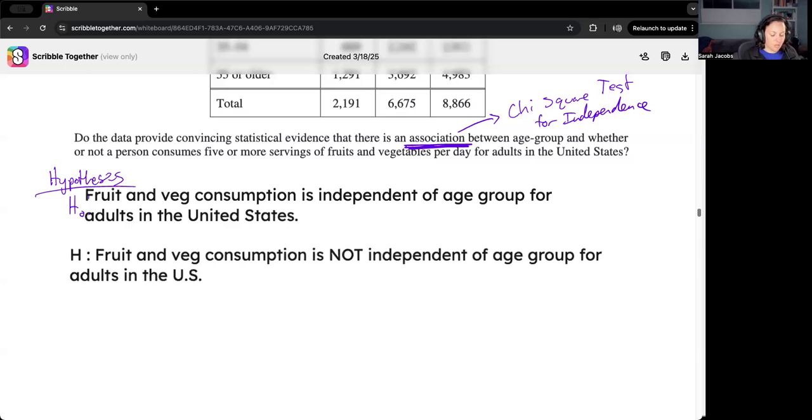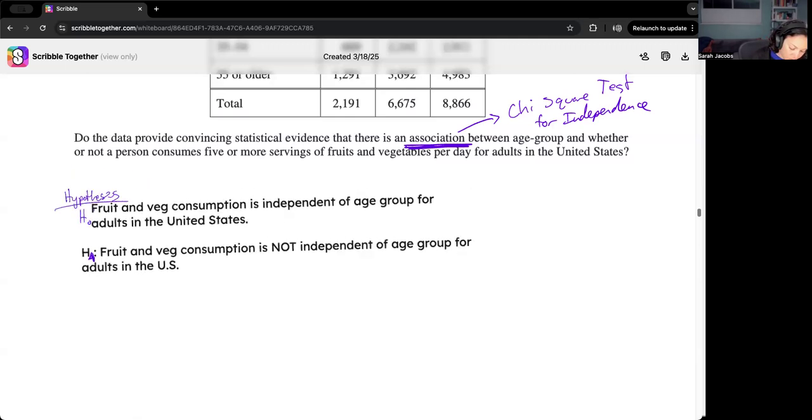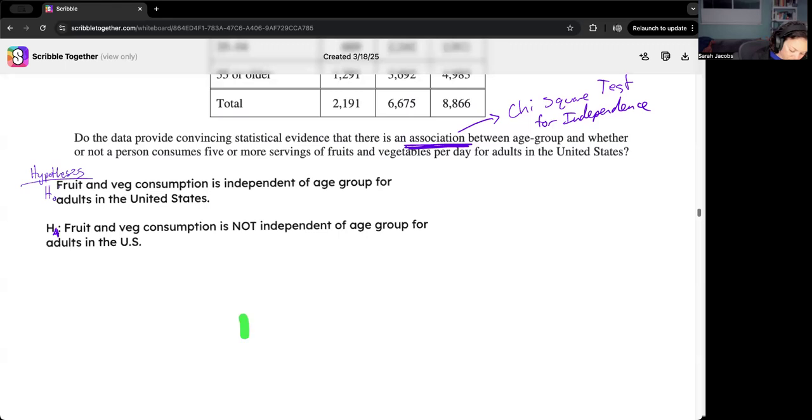Okay, cool. And just before I forget, this is our alternative. There we go. All right, so there's our hypotheses. We didn't use any variables, so we don't need to define them. That's how you know. Okay, whatever. Next, we've got our preconditions.